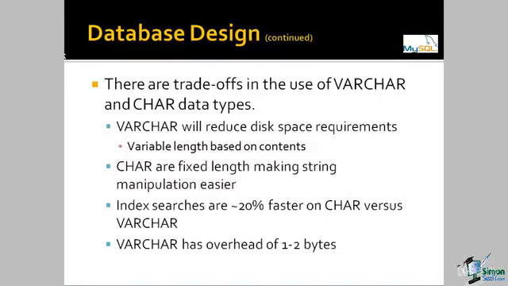Experiments have shown that index searches are about 20% faster on a char type versus a varchar type. So this again is very important to keep in mind, that a simple decision such as what type of data storage I am going to use for a string will significantly impact the performance of the database.